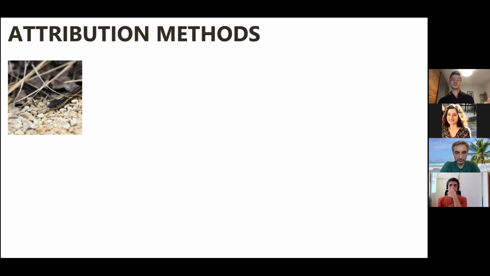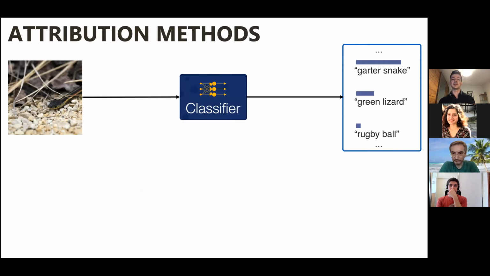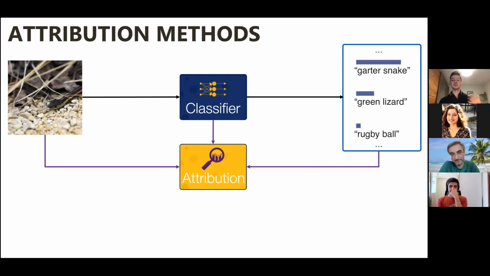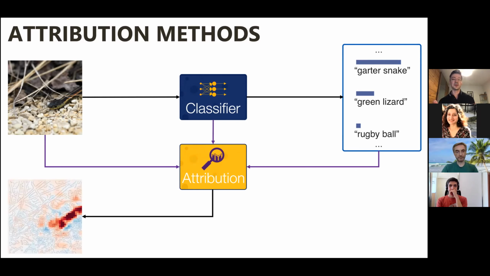So let's assume we still continue with the classification example. Now we want to classify an image. So in this case, is it a snake or is it something else? And you can use so-called attribution techniques to understand where the algorithm actually looked. So an attribution technique basically takes the input, the classifier, in this case the output, and gives you almost like a heat map.